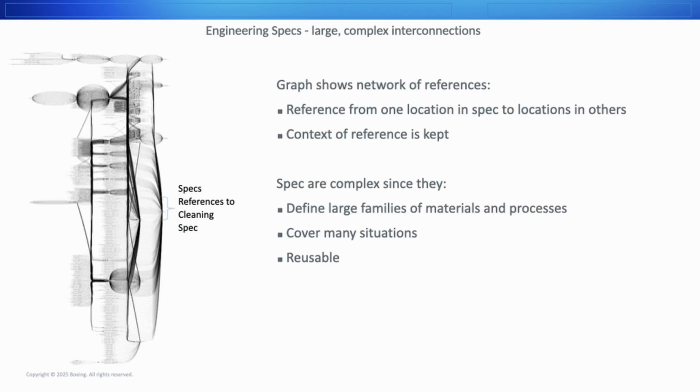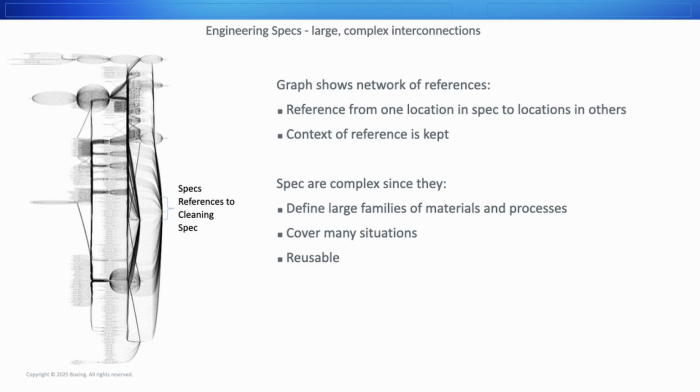So here's an example. This is actually a network, a spec-calling-spec network, and they're all referring in this case to a particular cleaning spec. In the manufacturing process, you usually have to clean a part as part of the operation. So this is just one part of the network referring to this one spec.